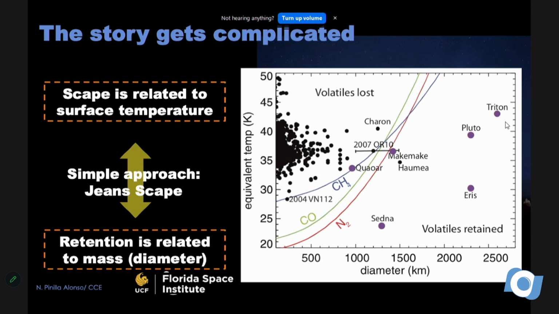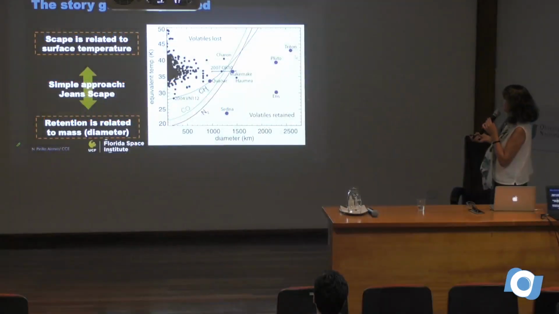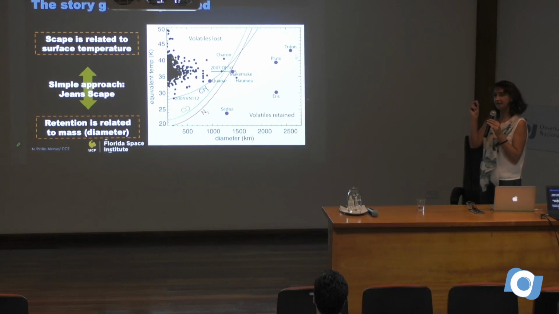So one of the things that we always take into account is the capacity of each of these objects to retain the ices on the surface, depending on the temperature, or how many times they approach the sun and everything. Of course, this model in particular is very simplistic, but it explains some things.